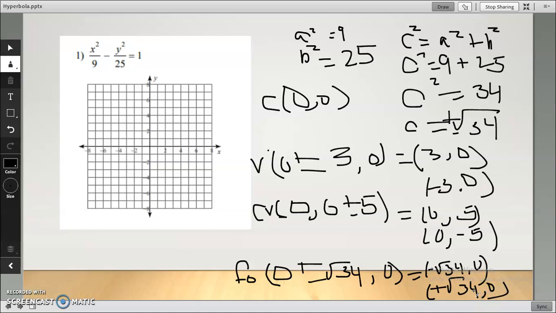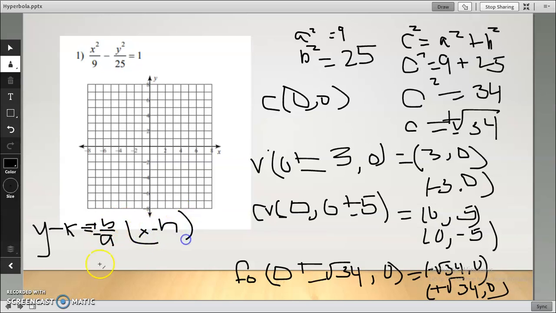All right, last but not least, we need to find the asymptotes. Those are lines. We see them because we're graphing them, but they're actually dotted because they're supposed to be invisible. So the formula for the asymptote is y minus k equals plus or minus b over a, because there's two of them, times x minus h.